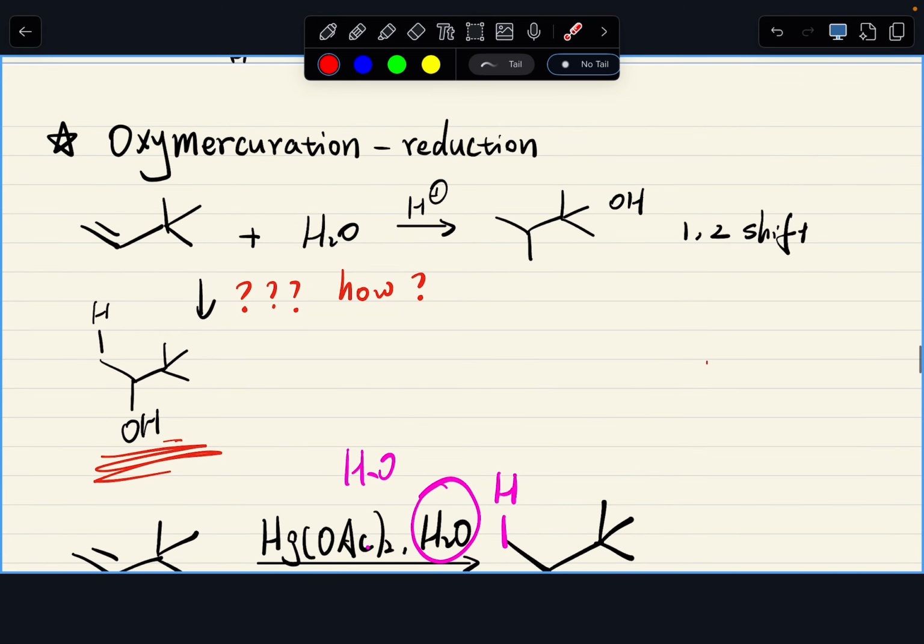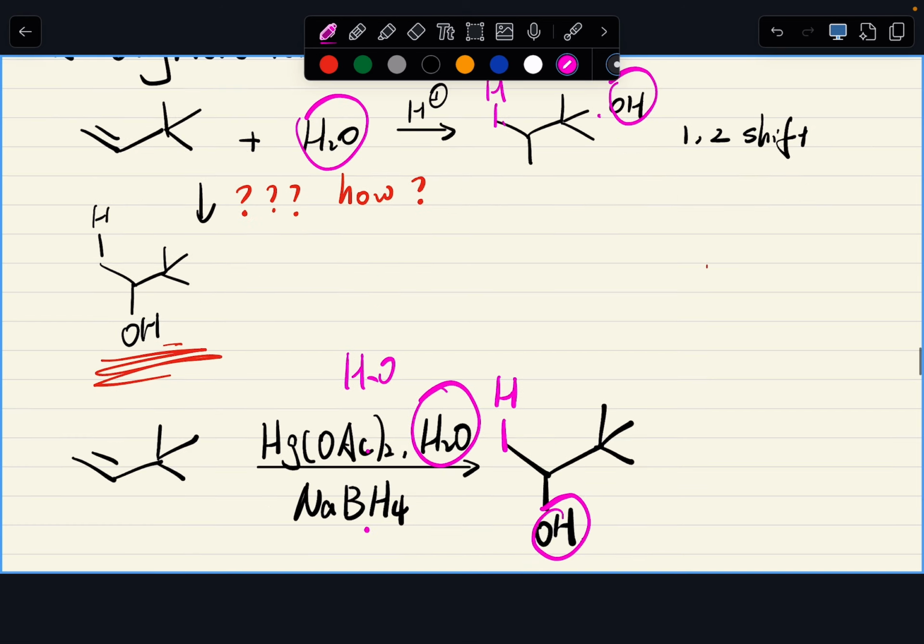In the acid-catalyzed hydration, my H2O is added onto the terminal position due to the carbocation rearrangement. But in this case, I want to precisely control that my H2O is added on the 2 carbons of my double bond without undergoing carbocation rearrangement. That's why we're introducing new reactions again and again, because we want to control the reaction selectivity.